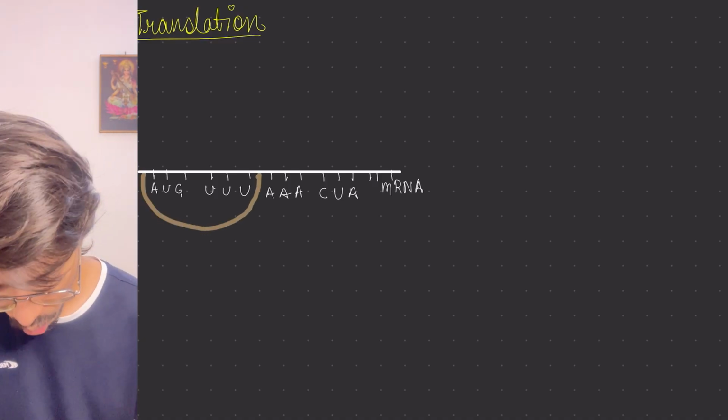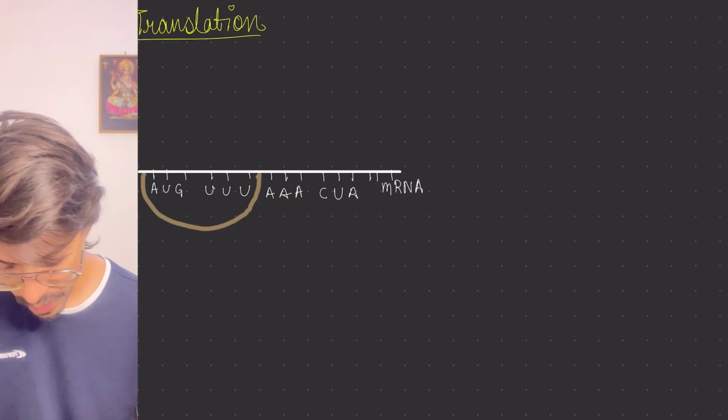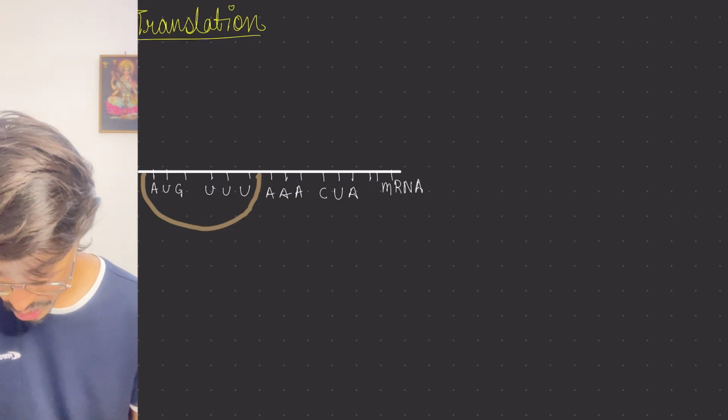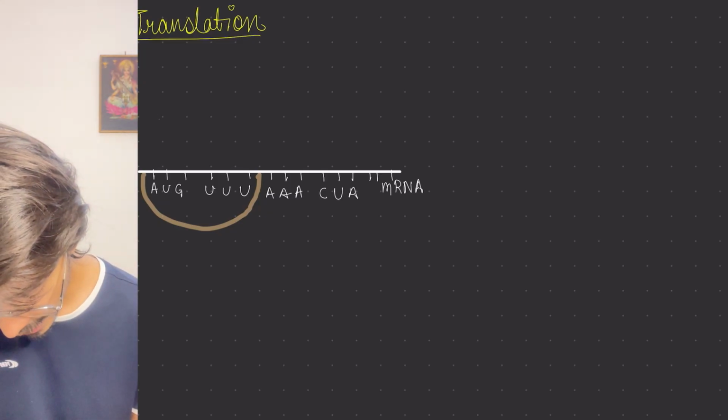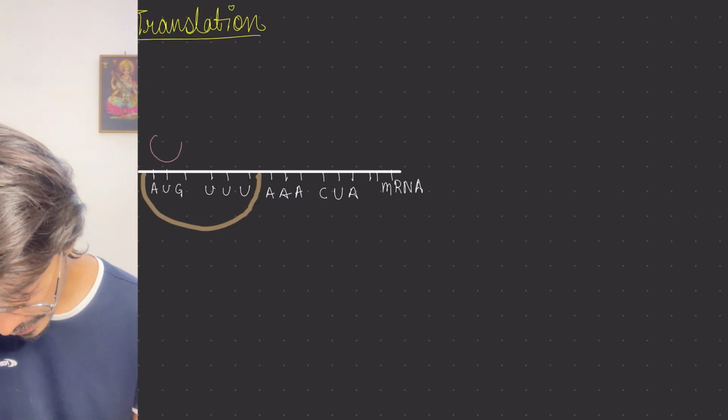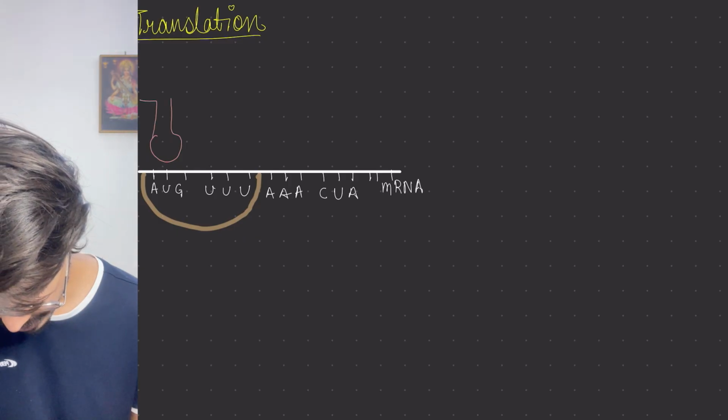On the first one, AUG, the corresponding anticodon-containing tRNA will come and join.